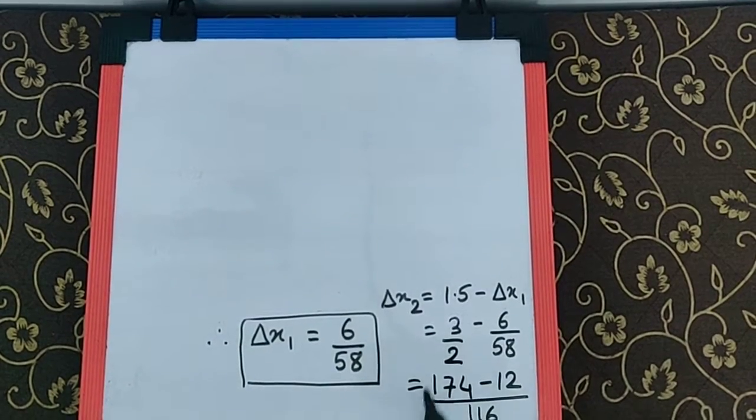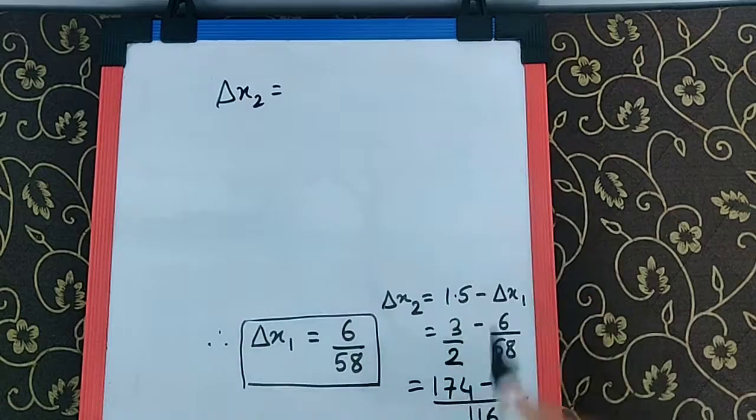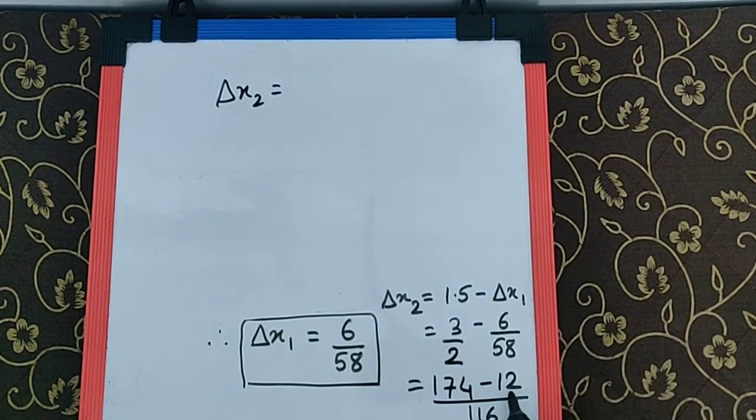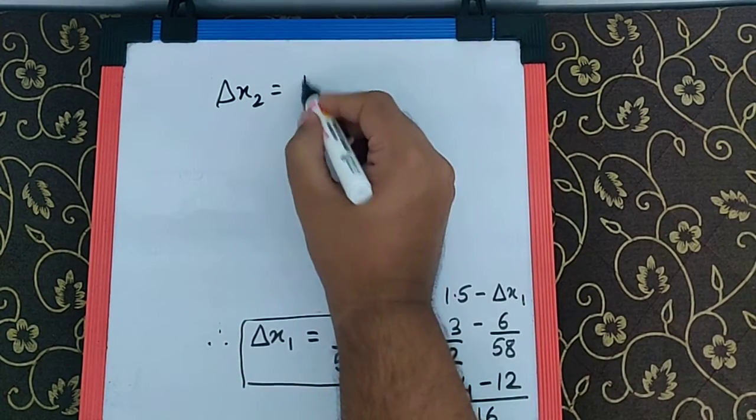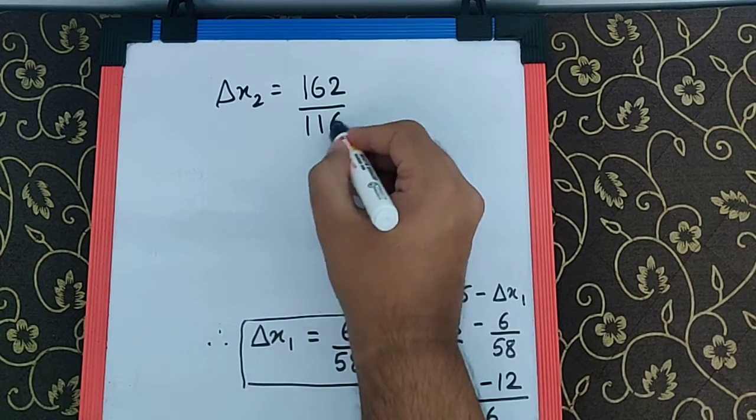So if we calculate this part, we get delta x2 as 174 minus 12, which is 162, upon 116.